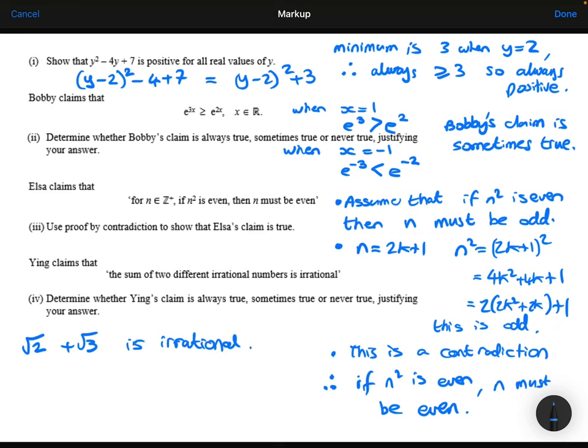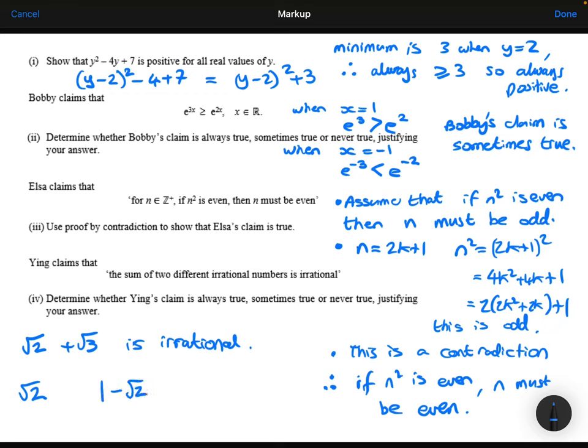Let's now think, can I come up with an example where it's not true? Can I think of two irrational numbers, when I add them together I actually get a rational number? Well, if I had root 2 and my other irrational number might be, for example, 1 minus root 2.